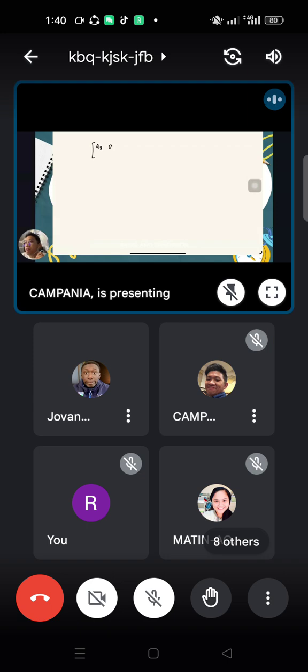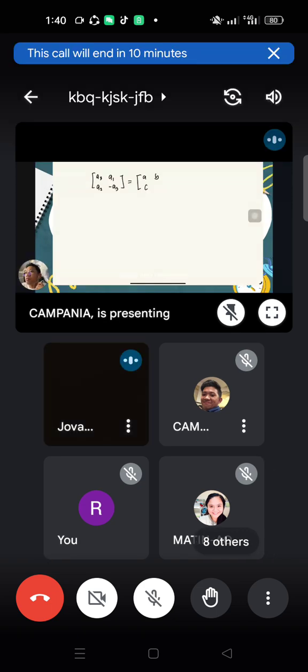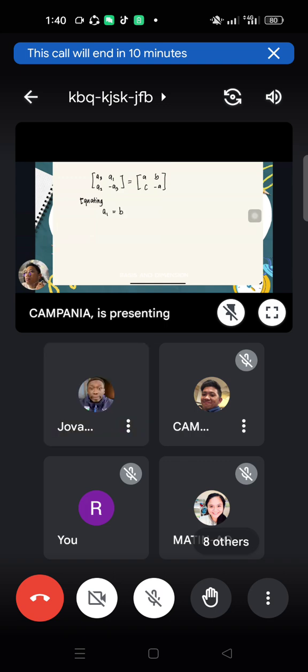Then we get this. So just to write again, we have A3, A1, A2, the negative A3 is equal to A, B, and then C, the negative A. So equating them will give us A1 is equal to B. So we are equating them.